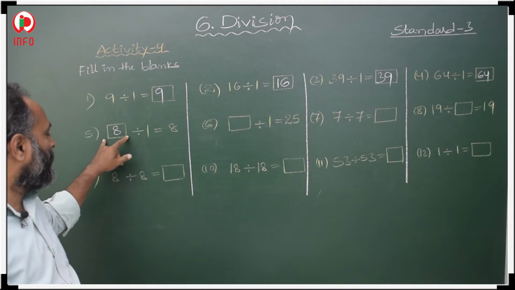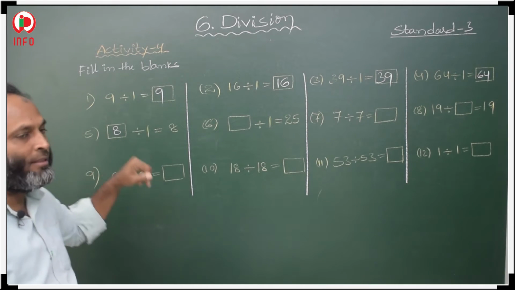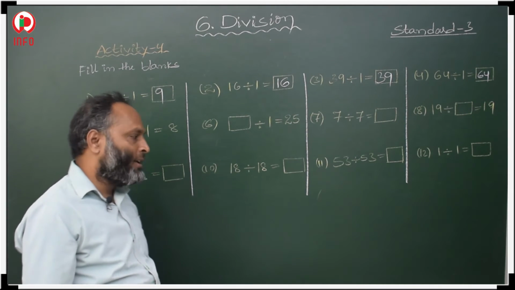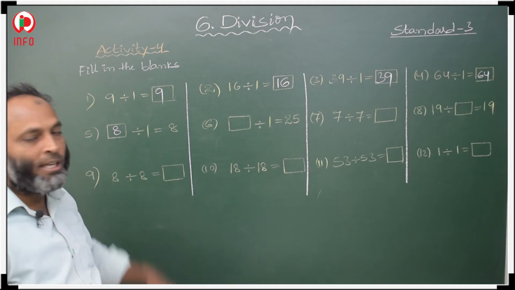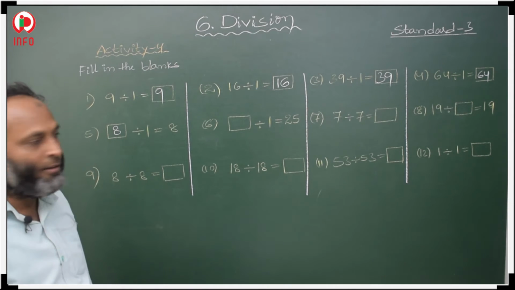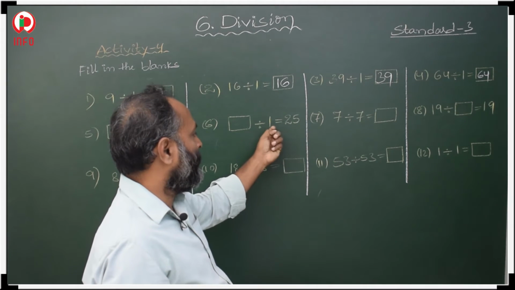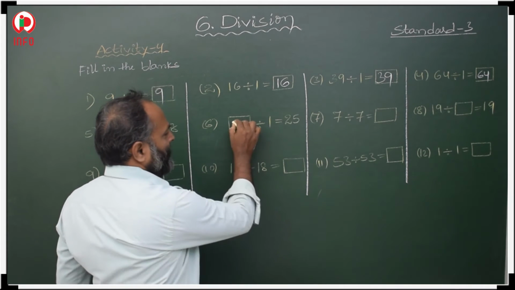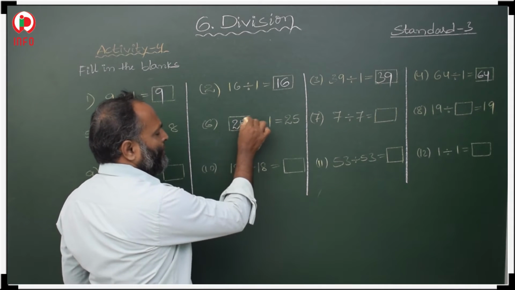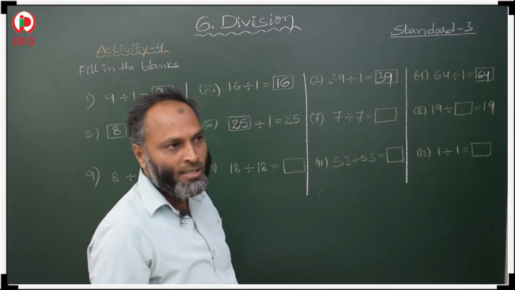So whenever a number is divided by 1, whatever is in the quotient should be in the dividend. Here the quotient is 25 and divided by 1, it means the dividend is also 25. If 25 is divided by 1, then we will get 25 as the answer.